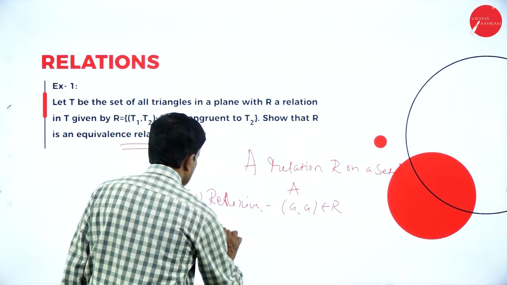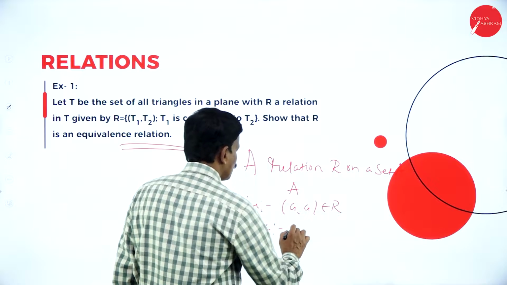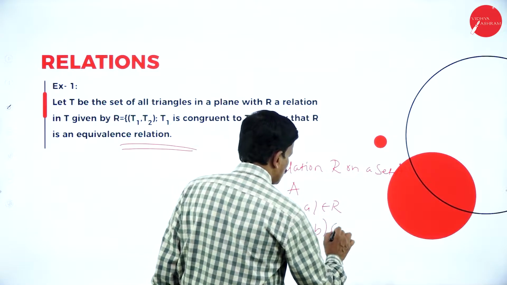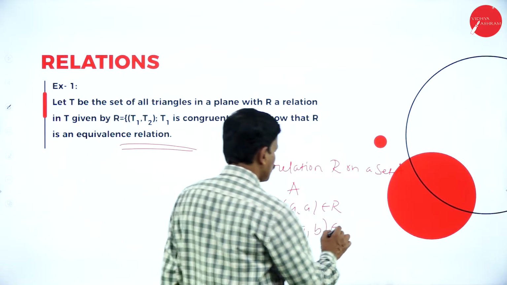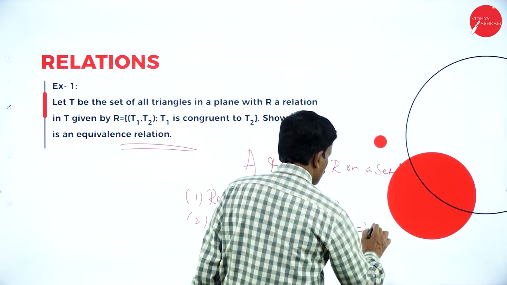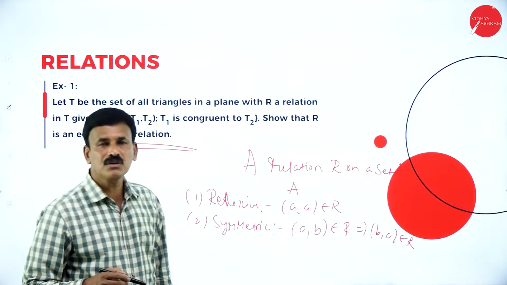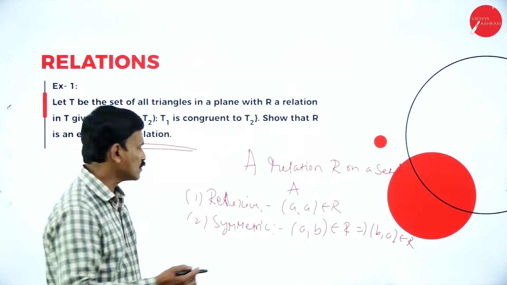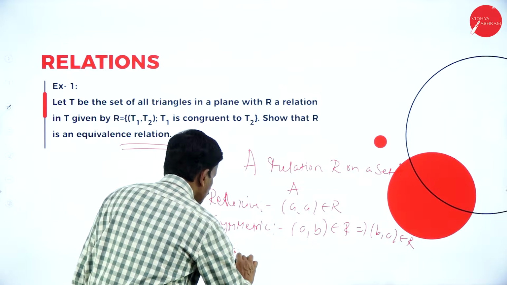The second one is the symmetric relation. Symmetric means: for all (a, b) belonging to R, implies (b, a) also belongs to R. And the third property is transitive.